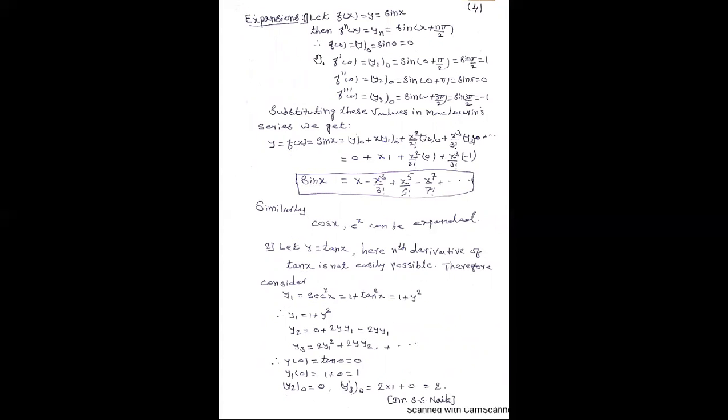We'll take that f of x is equal to y is equal to sin x. Then fn of x, the nth derivative of this y is equal to sin x, is given by fn of x is equal to yn is equal to sin of x plus n pi by 2.